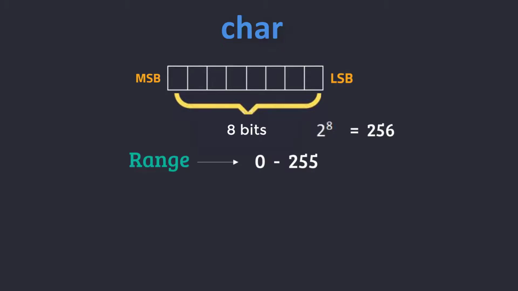To do all of this, we need a modifier, which can modify the property of char, and this modifier is called unsigned. By doing so, we can now use MSB to store data, and increase the range of char data type on the positive side. One thing to remember here is that in case of unsigned char, we cannot store negative numbers. It only allows to increase the range of numbers on the positive side.